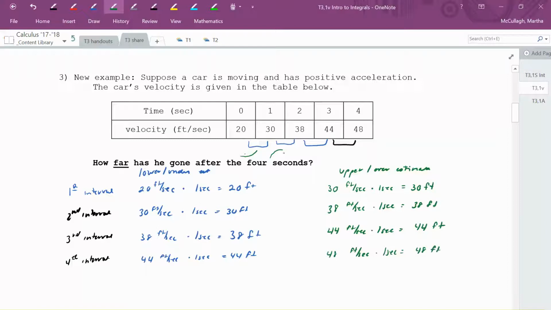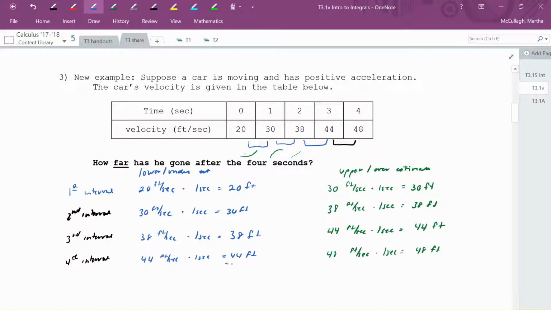Again, we don't know whether the car increased slowly and then got up to speed, or whether it quickly went up to speed from 44 to 48, or whether it just traveled at a constant acceleration. We don't know. But we do know for this last interval that the car traveled somewhere between 44 and 48 feet.